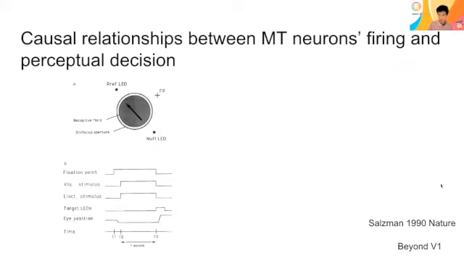And further on, what is most critical, I would say, is that they stimulated the MT neurons. As I said, the MT neurons are clustered in MT because of the columnar organization.